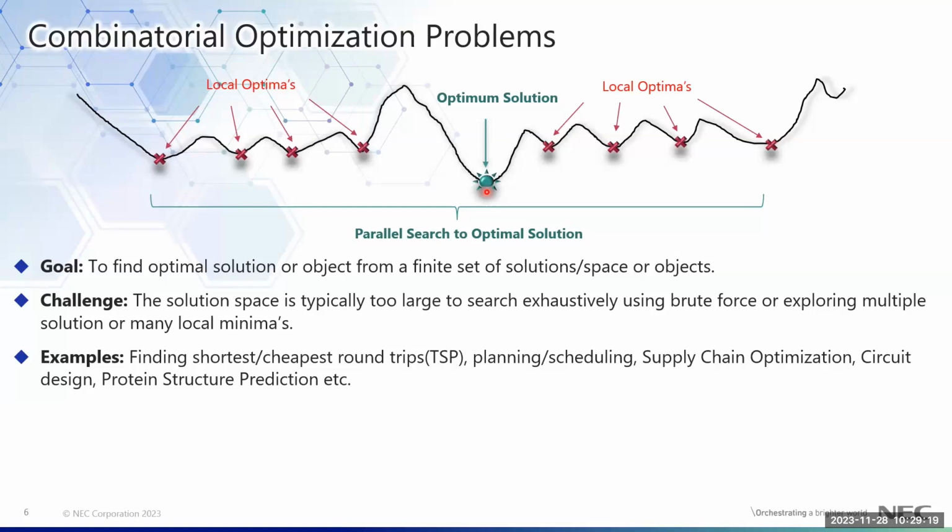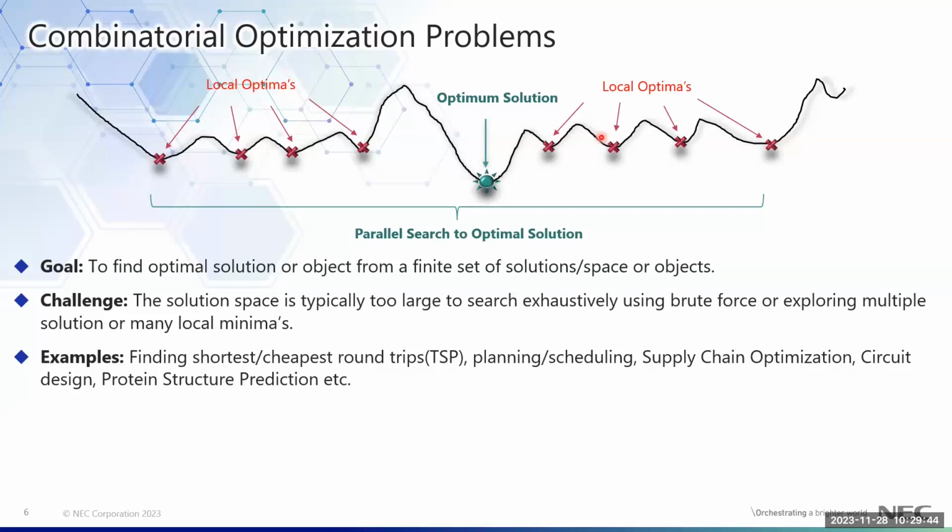And in laboratories, you can see similar problems with circuit design. What's the most optimal route? What's the most optimal circuit? In drug discovery, we see protein structure predictions. So all of these problems, when you plot them onto a mathematical function, you will see that the space would be so large that it would be very difficult for a classical computer to solve those problems through brute force.